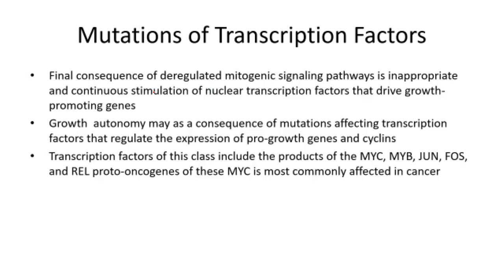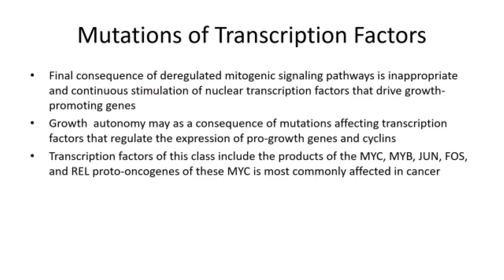Again, after signal transduction molecules, there can also be transcription factors. The final consequence of deregulated mitogenic signal pathways is inappropriate, continuous stimulation of nuclear transcription factors that drive growth-promoting genes. You remember transcription is the formation of RNA from DNA. This transcription is also regulated by certain factors, called transcription factors.